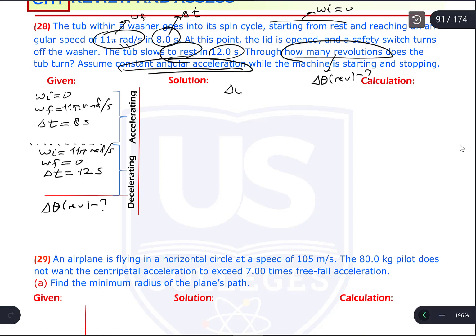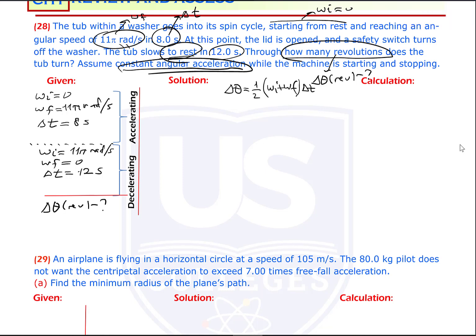Delta theta is equal to 1 over 2 times omega initial plus omega final, multiplied by delta t. So this equation will help me find delta theta for the acceleration part, delta theta for the deceleration part, and after that add them all to find the delta theta for the whole starting and stopping part.